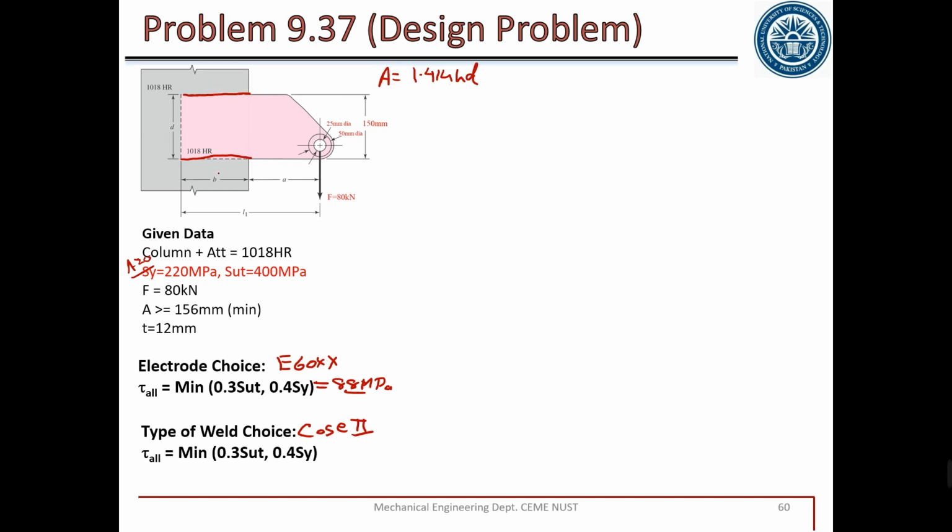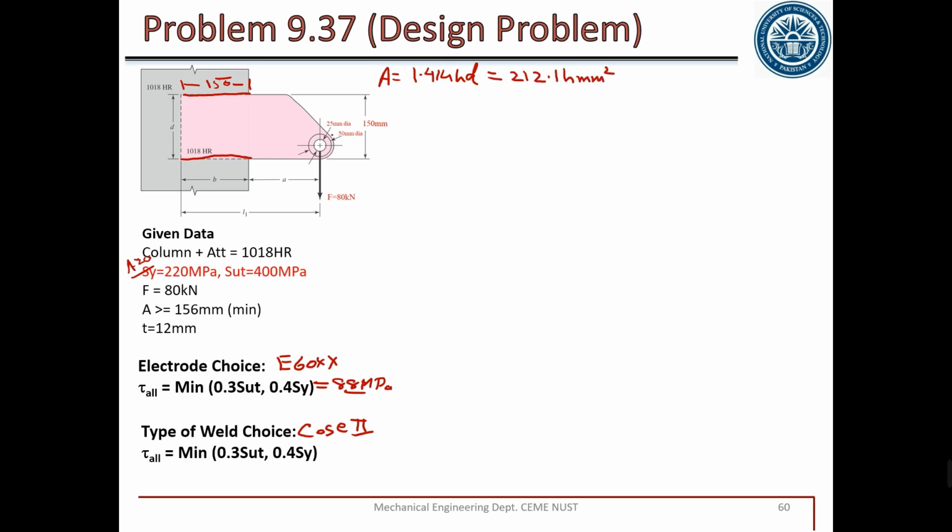This value is unknown. Just assuming that if this length is 150, this D is also 150. This is our first choice because data is not given, so we can assume some values. Substituting 150 into 1.414 H D, we get the area equal to 212.1 H mm squared.